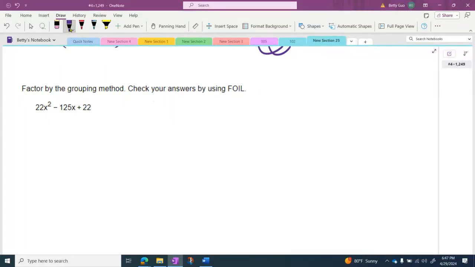Let's see. 22 is 2 times 11. 125 is not divisible by 2. It's not divisible by 11 either. 125 is 5 times 5 times 5. So there's no common factor.